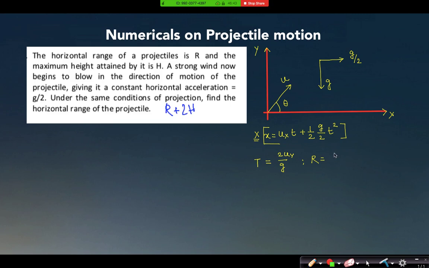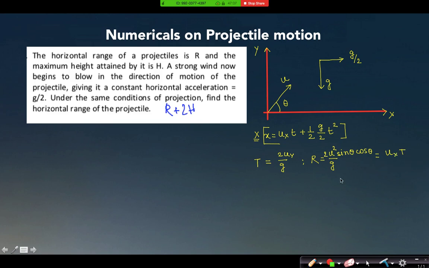Okay, so can you write this normal range? If you write it as u square by g into sin 2 theta, so sin 2 theta is nothing but 2 sin theta cos theta. Right? So actually, the range we have got by this was ux into capital T, yes or no?